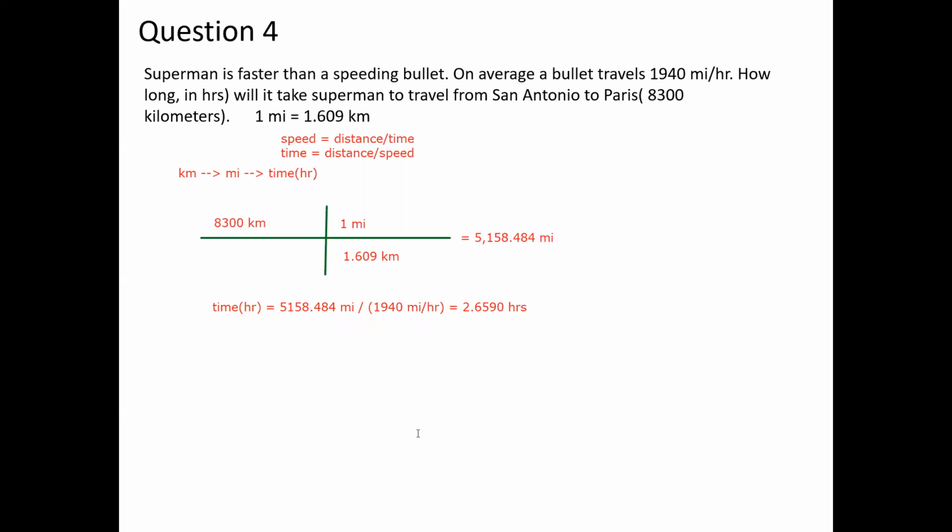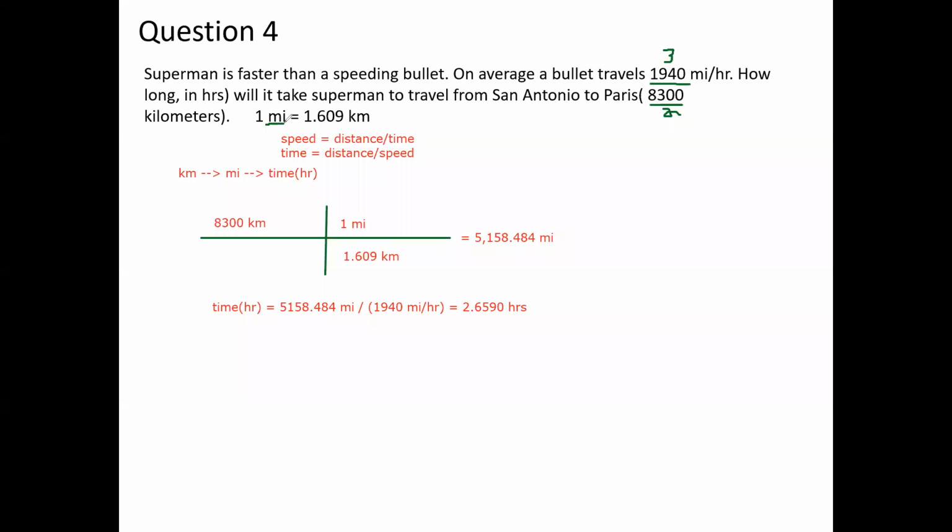We have to round to the correct number of significant figures. We look at our original numbers. 1940 has 3 significant figures because there's no decimal point at the end of this trailing 0. 8,300 has 2 significant figures because, again, at the end of these trailing zeros, there's no decimal point. 1 mile is 1.609 kilometers.